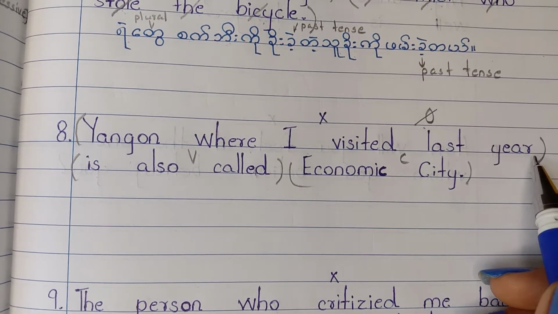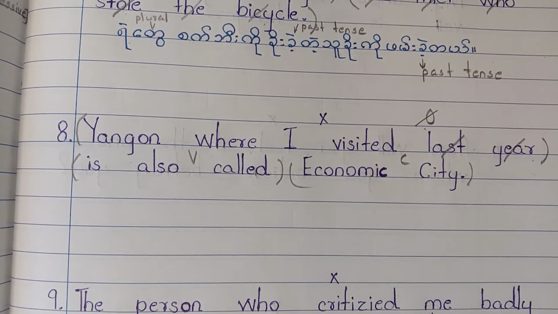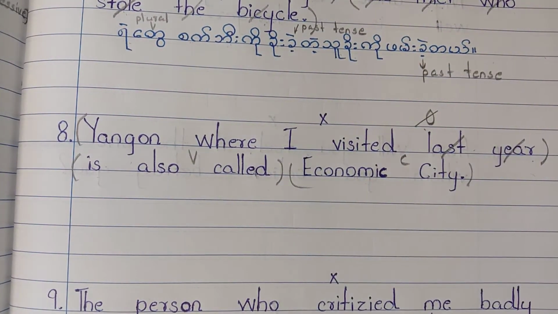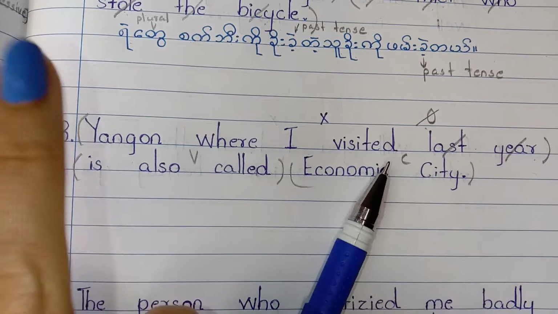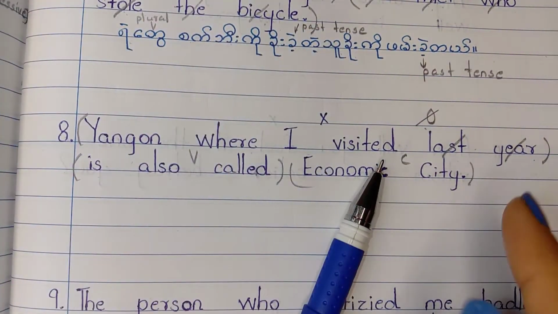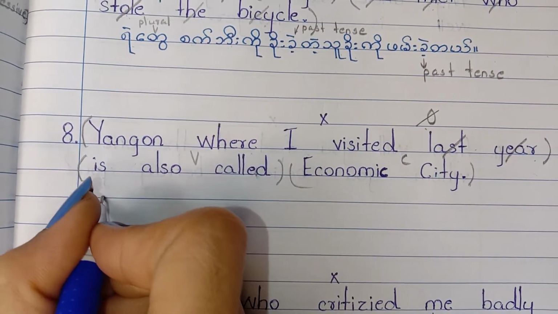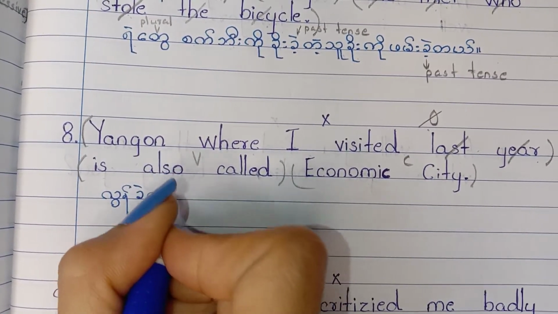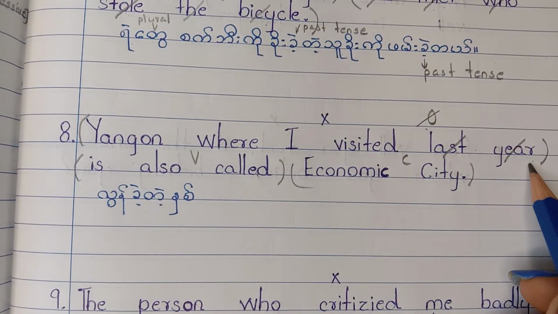So last year means နှစ်က or လွန်ခဲ့တဲ့နှစ်က. For me, I want to write လွန်ခဲ့တဲ့နှစ်. Now you can say လွန်ခဲ့တဲ့နှစ် or ပြီးခဲ့တဲ့နှစ်, the same. That means last year.